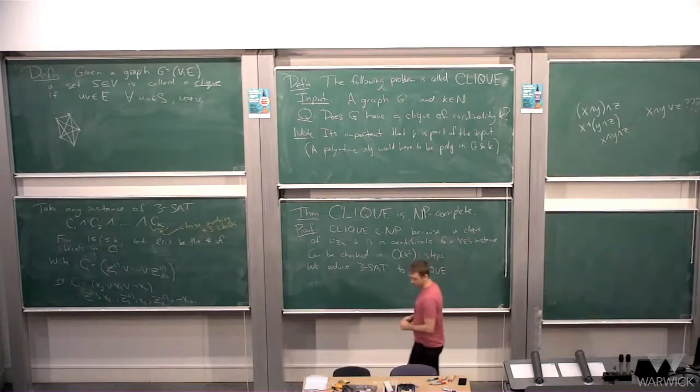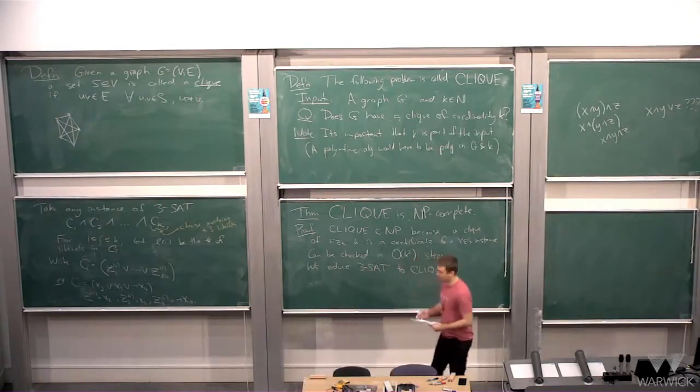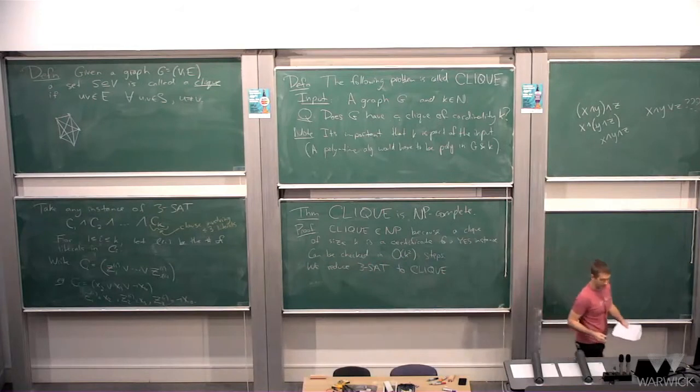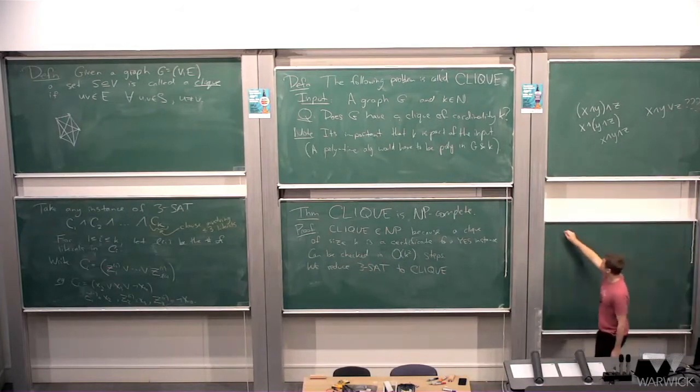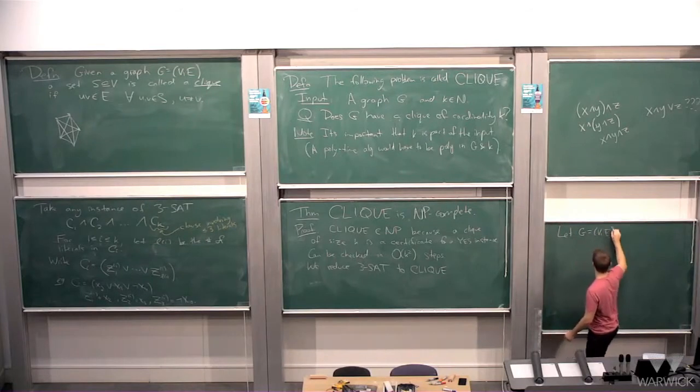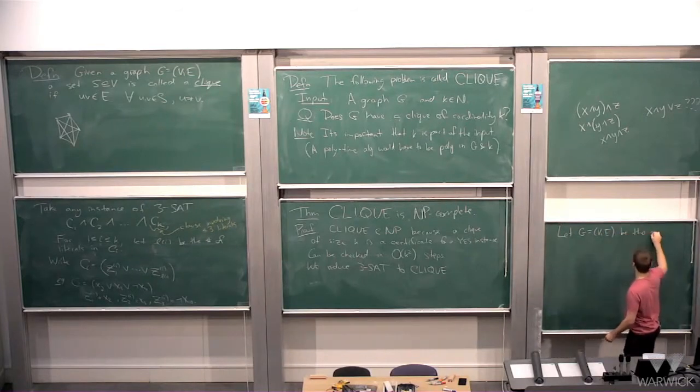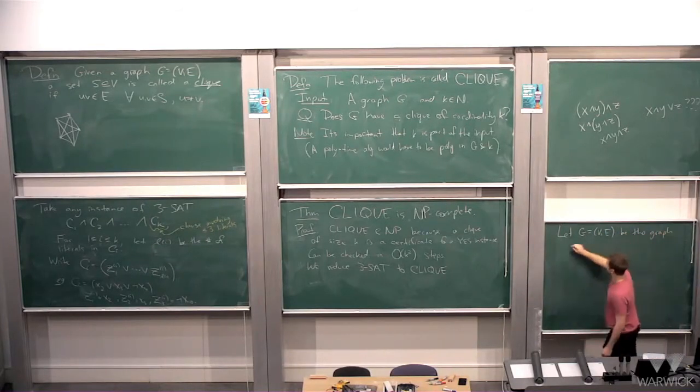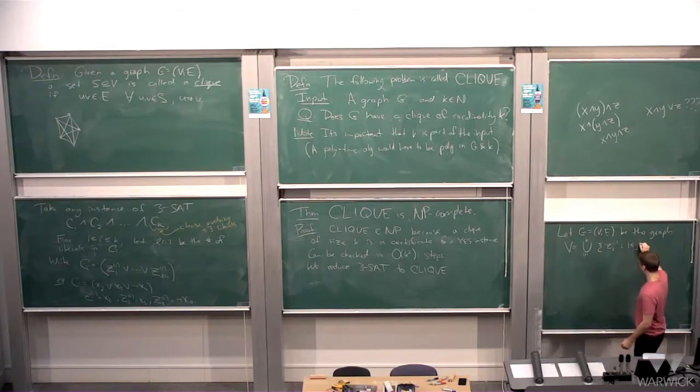Okay, so continuing on this proof. All I've done is get some notation. So now we let G be a graph where the vertex set is the union from i is 1 up to k of Z_j^i, where j ranges between 1 and the length of the ith clause.